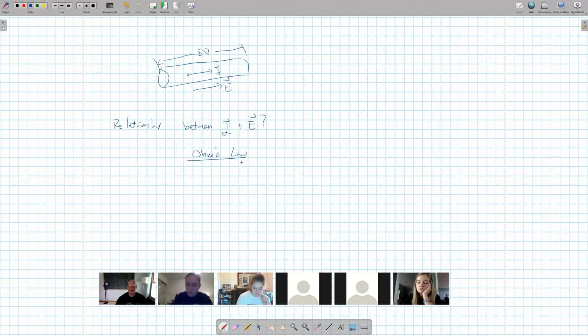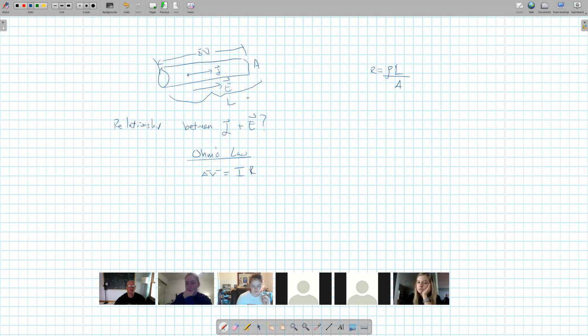So remember, Ohm's law says that the change in potential is equal to the current times the resistance, right? Now, what we now know is that resistance is equal to the resistivity times the length divided by the cross-sectional area. So this has a cross-sectional area and has the length to it.